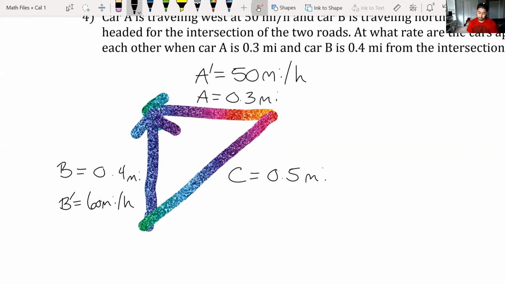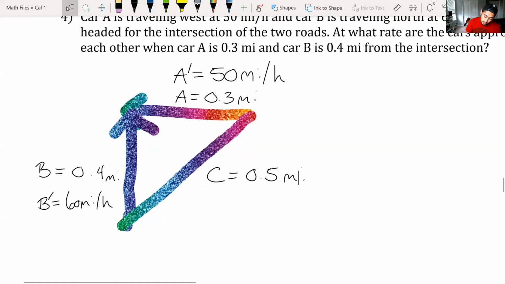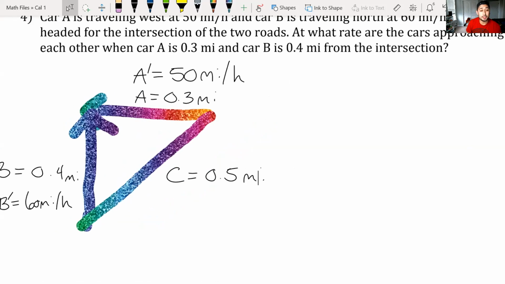And now, let's figure out what we're looking for. We want to know at what rate the cars are approaching each other when car A is 0.3 miles and car B is 0.4 miles from the intersection. That means we're looking for the rate at which their distance is decreasing.